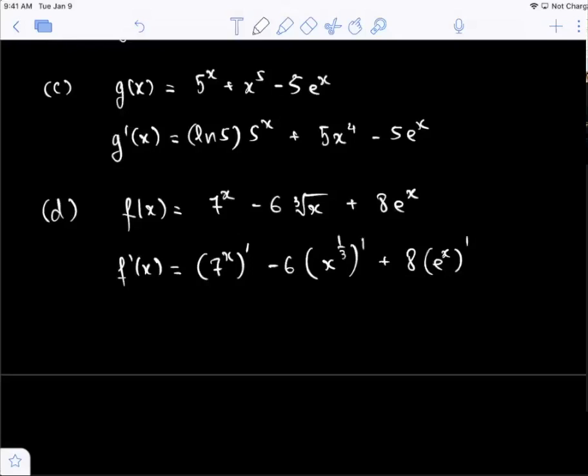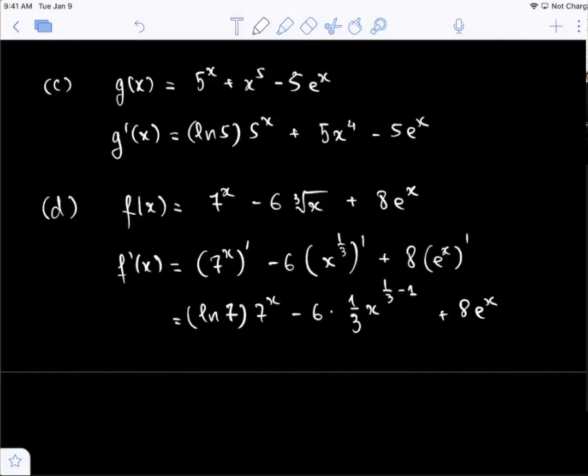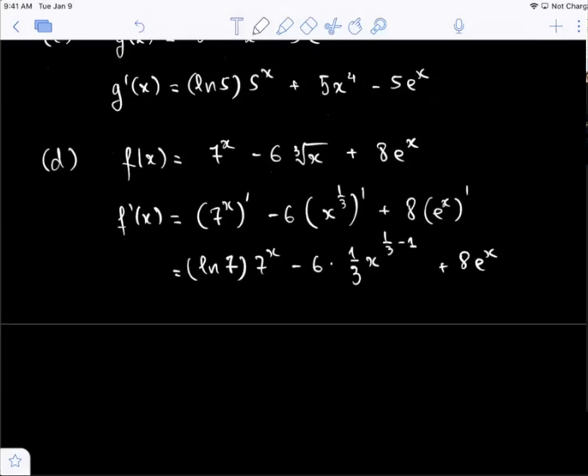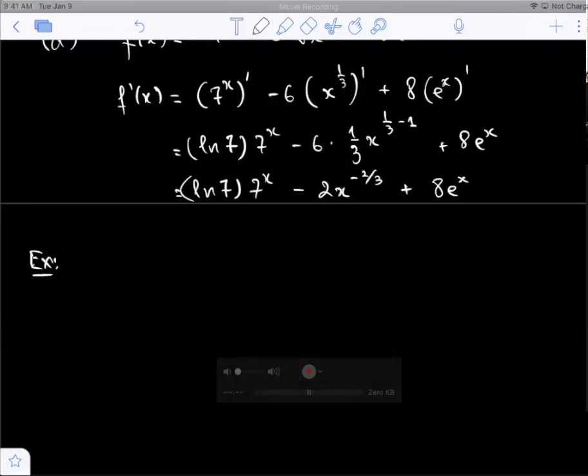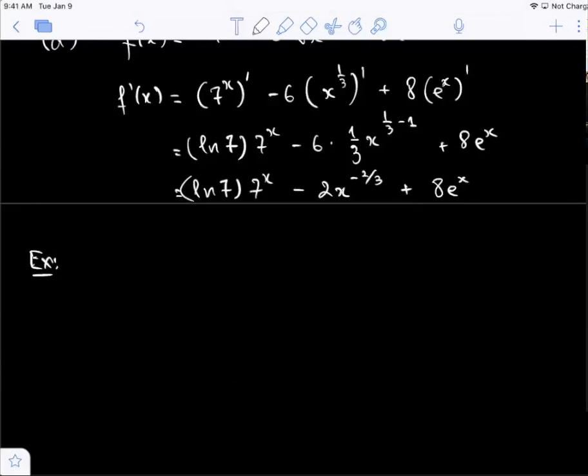All right, so the derivative of 7 to the x is ln of 7 times 7 to the x, minus 6 times the derivative of x to the 1/3, which is 1/3 times x to the 1/3 minus 1, plus 8 times e to the x. This gives me ln of 7 times 7 to the x minus 2 times x to the negative 2/3 plus 8 times e to the x. So let's move on to the next example.